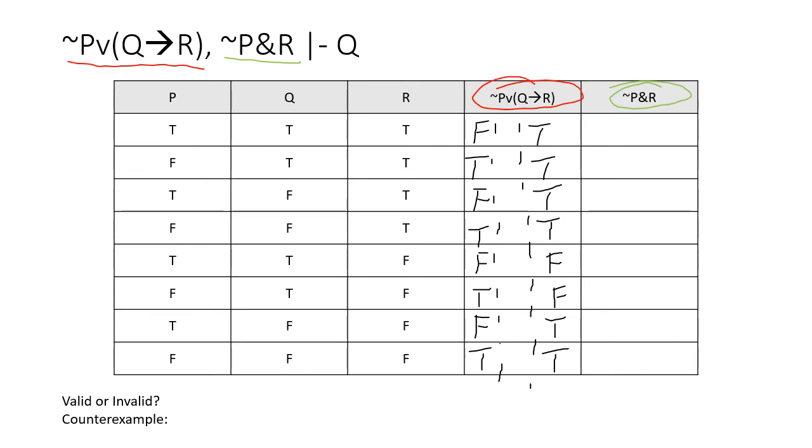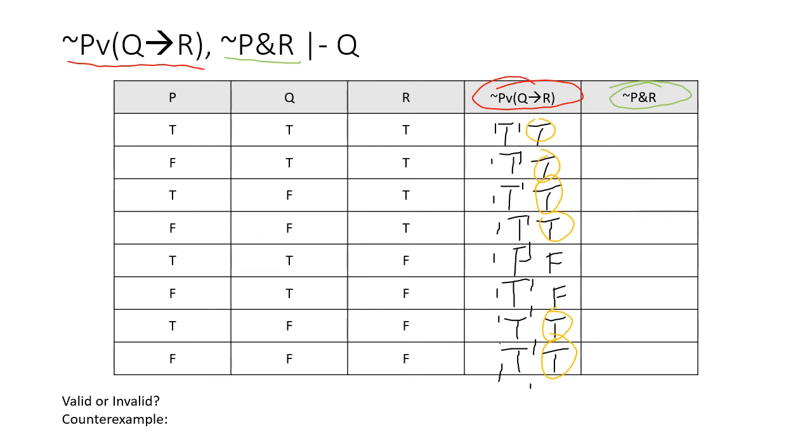Then we just have to focus on the wedge, so where are one of these sides true? In all those situations, so it's going to be true, true, true, true, true, true.